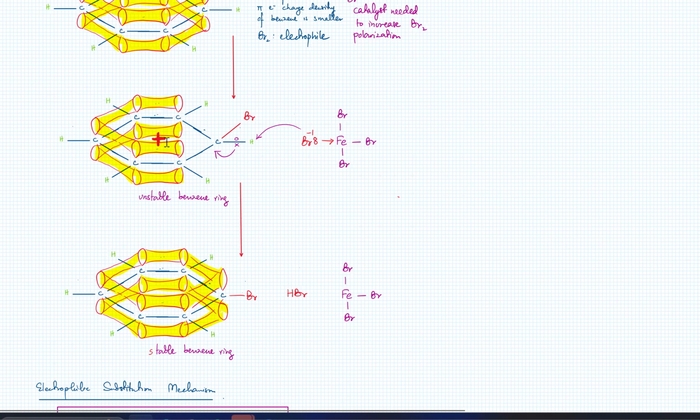The positive charge stabilizes itself by attracting the electrons close by from this H over here. The H loses electrons and then it goes away and bonds with the Br minus one. Okay, so is this idea clear, why the second Br minus one does not get attached to this benzene? Is that clear? Yes.